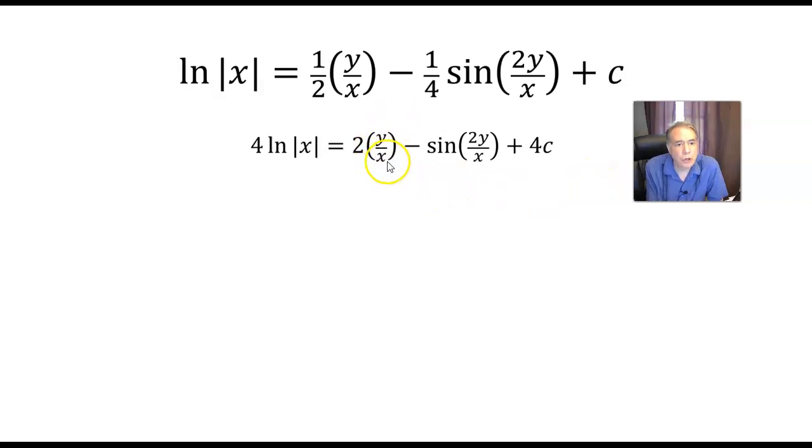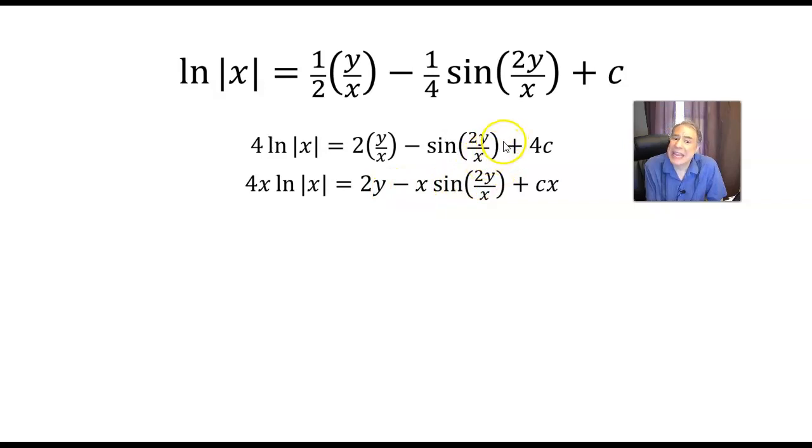Another thing we could do is multiply through by x and get 4x times the natural log of the absolute value of x equals, and then 2y, because y over x times x would just be y, minus, and here we can't cancel out the x because it's part of something that we're taking the sine of.